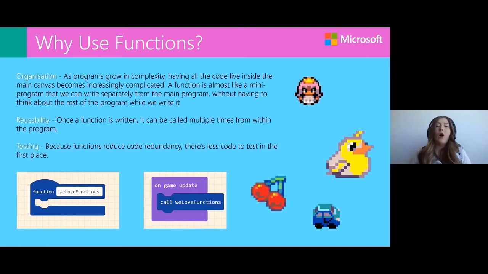Okay, we also can use functions for reusability purposes, and what that means is we don't have to keep writing the same lines of code over and over and over again. We can throw them into a function and just call them when we need them. And it means we don't have to keep doing the same code, okay? So I know it can be a little bit hard to wrap your head around. So here's just a little example.